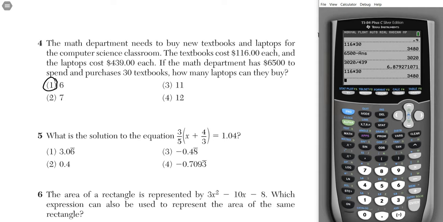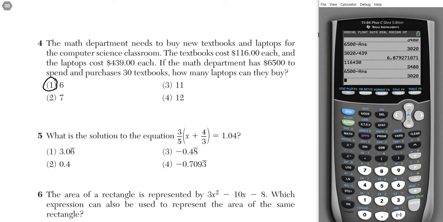So that's how much they've already spent, and they have 6,500. So this is how much they have left. Okay, so far simple, right? They started off with 6,500. They spent 3,480 on textbooks because they told us that they bought 30 textbooks. So they have 30.20 left.